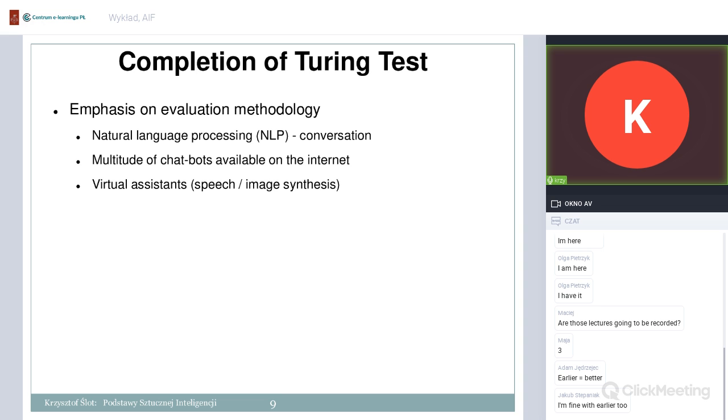There is a multitude of different chatbots available on the internet. If you write down a chatbot or chatterbot into your browser, you'll find several different sites that offer you the opportunity to test different algorithms or different solutions using this Turing test.